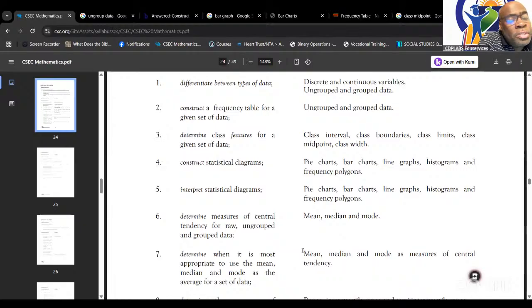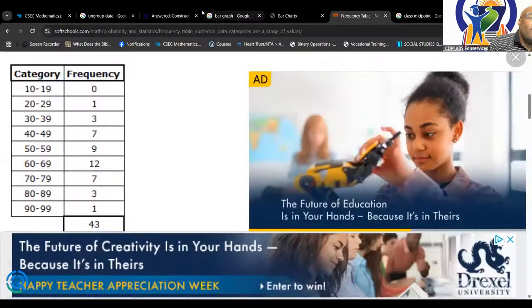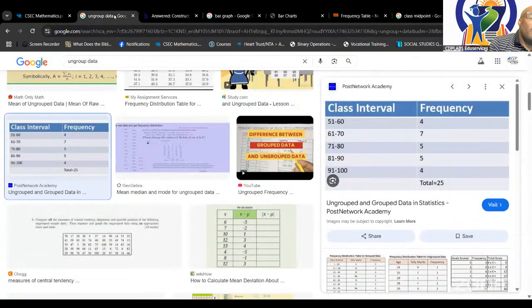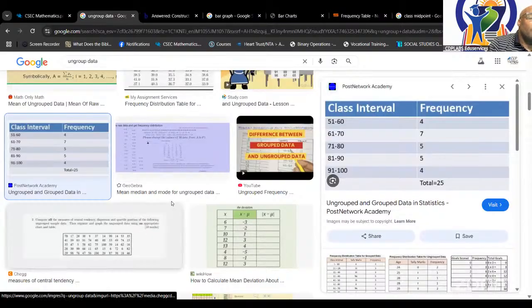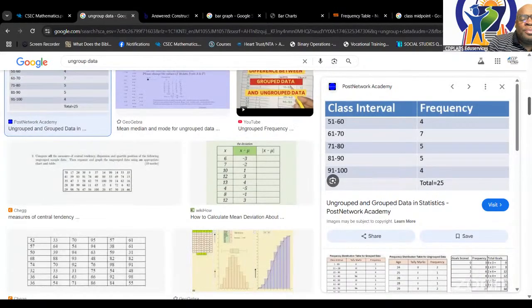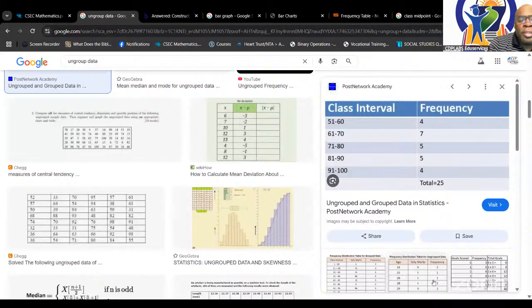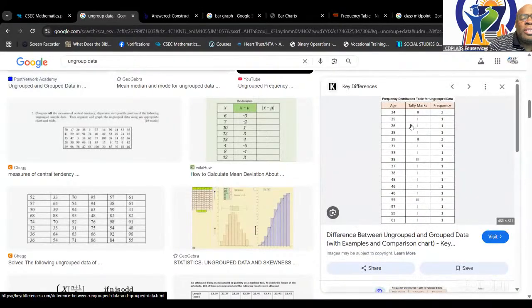You can also multiply the data by the frequency. Let's say, for instance, let me show you. We're looking for the one for ungrouped data, right? All right, here it is. Let's look at this table right here.